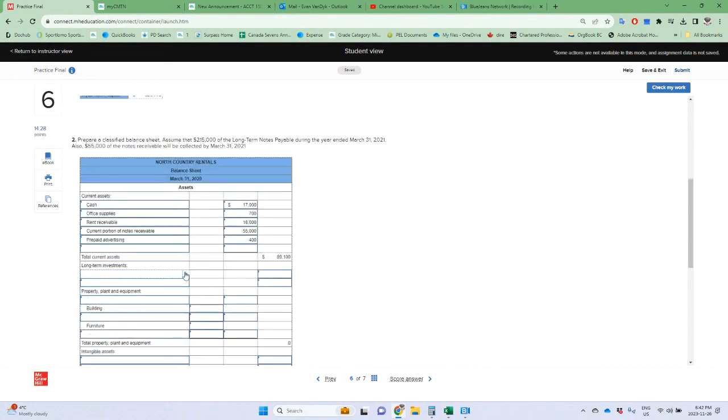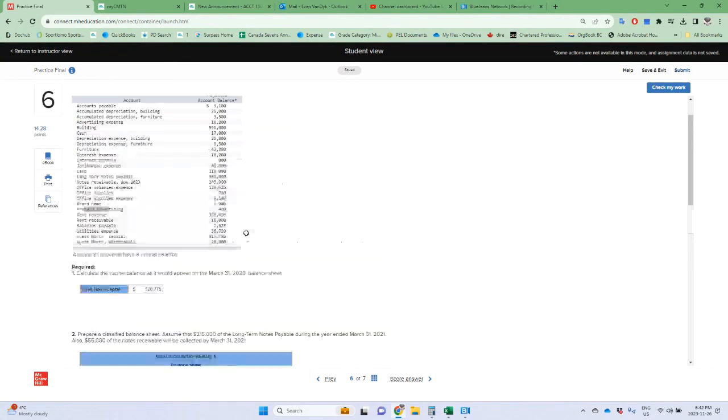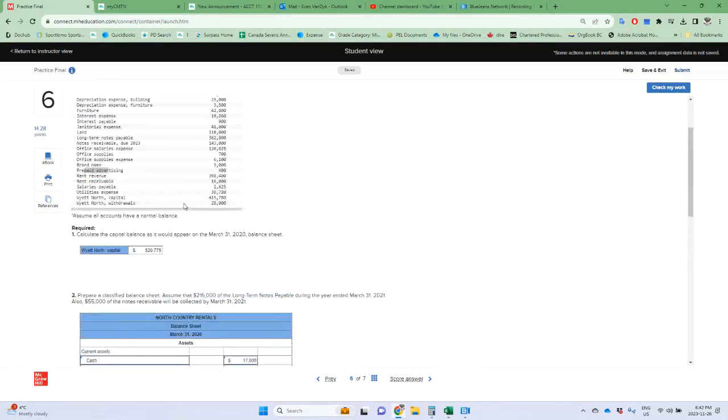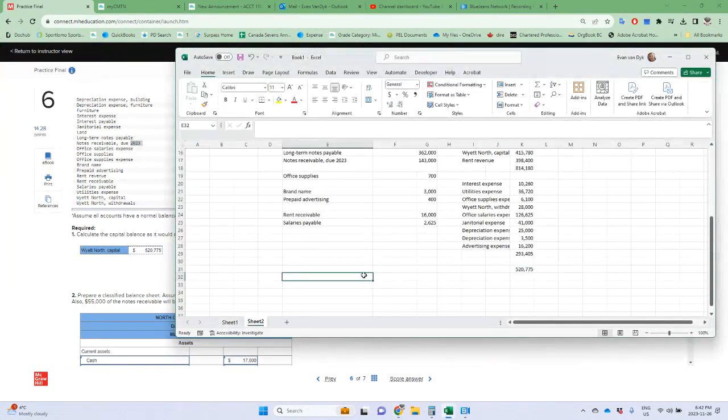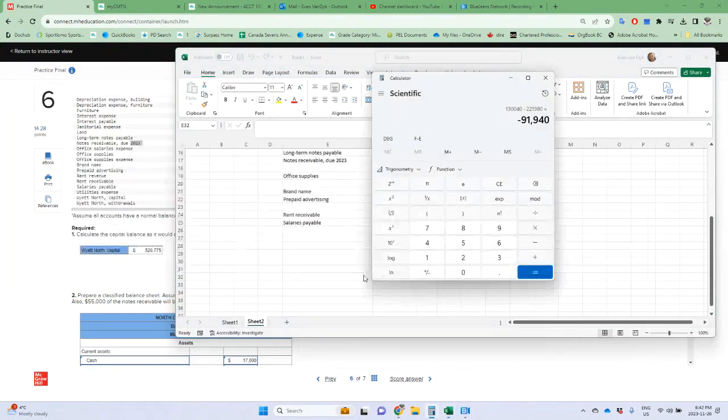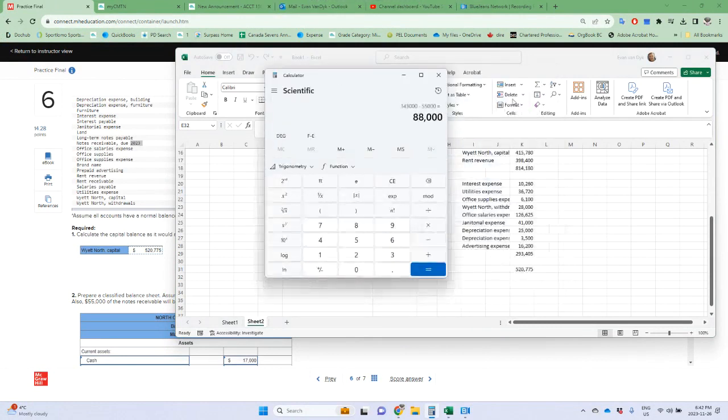Now our long-term investments, we have our notes receivable less our current portion. So we've already included 55,000. And that would leave us with 143 less 55,000.